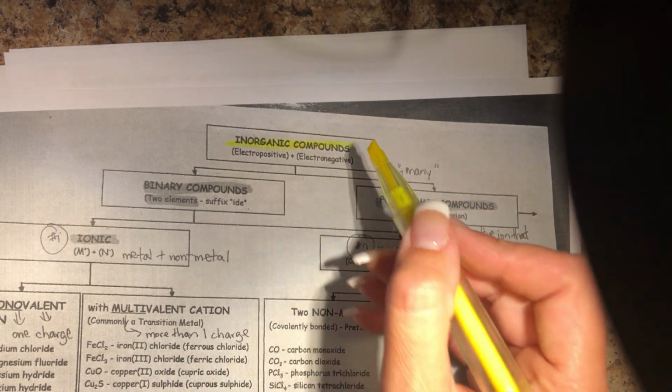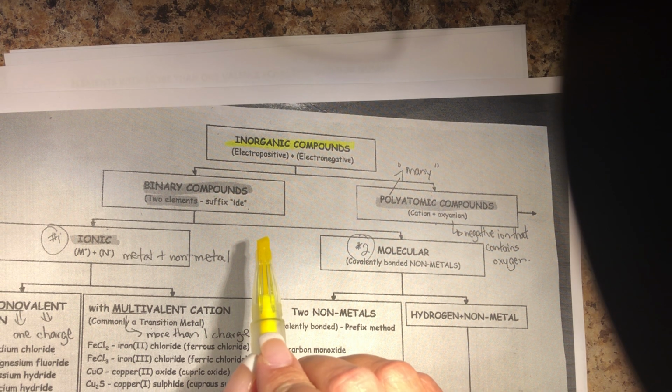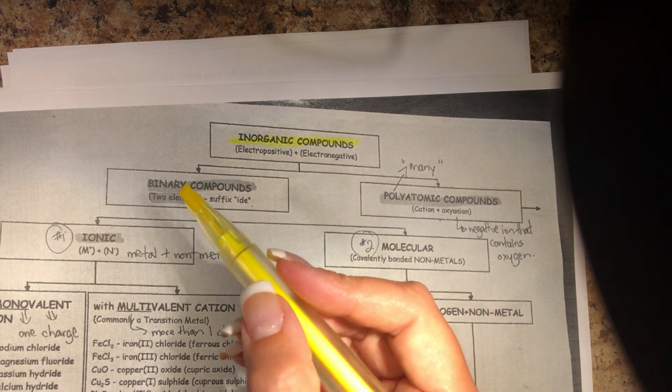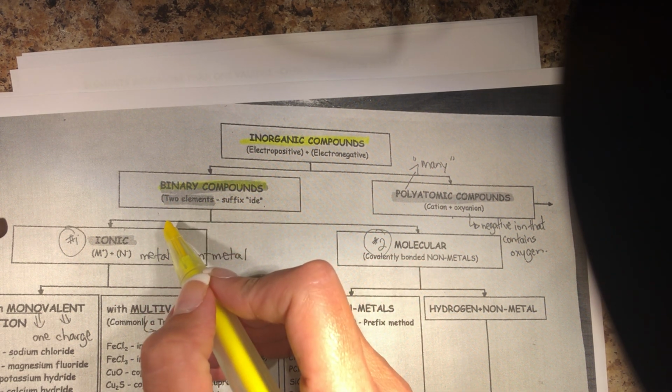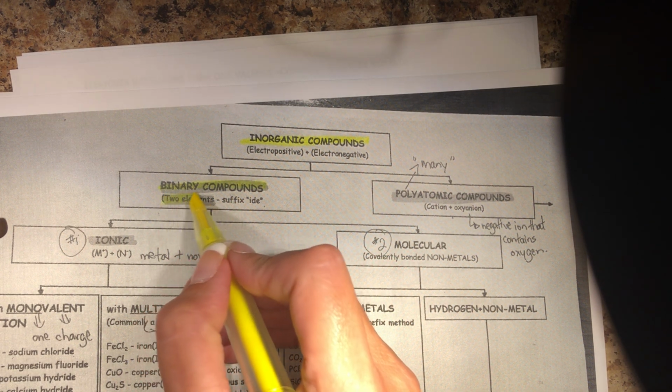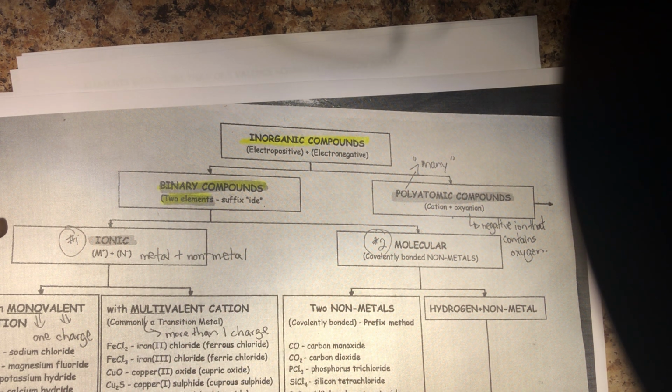So we are going to be naming inorganic compounds, and those are ones that have a positive side and a negative side. And the first type we're going to look at are binary compounds, bi meaning two parts, and they end in the suffix -ide. So we've got two elements that make up these types of compounds.